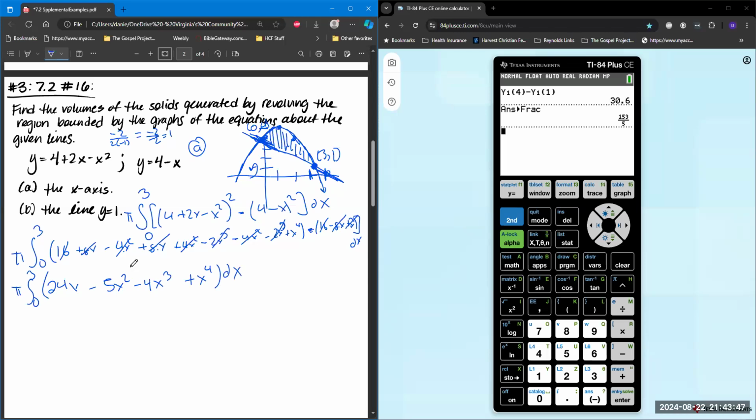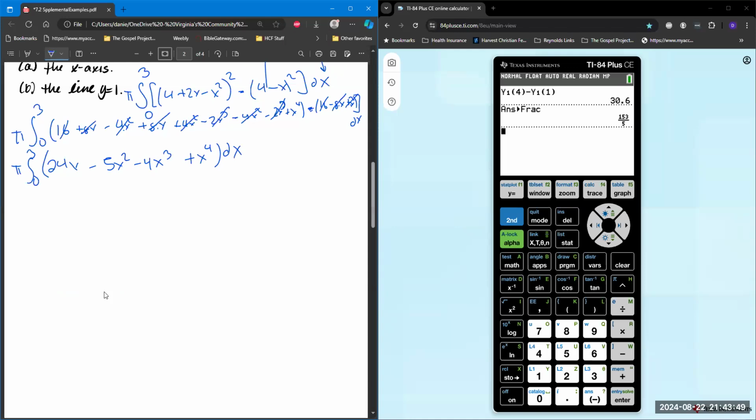dx, like that. This is pi times 12x squared minus 5/3 x cubed minus x to the fourth plus 1/5 x to the fifth. Evaluate that from 0 to 3. Same thing as before.